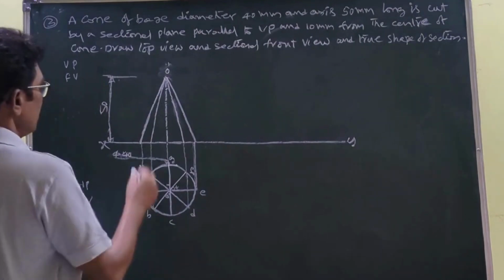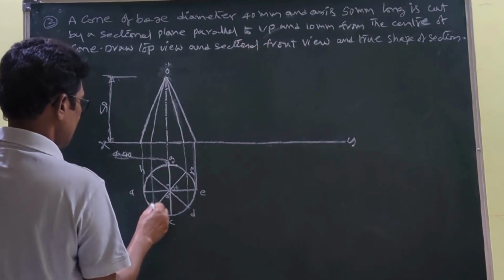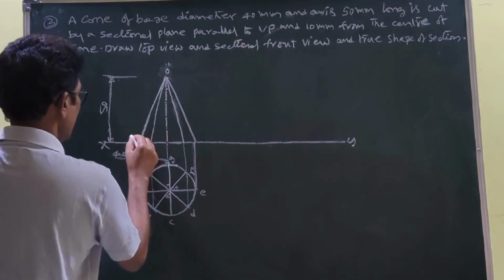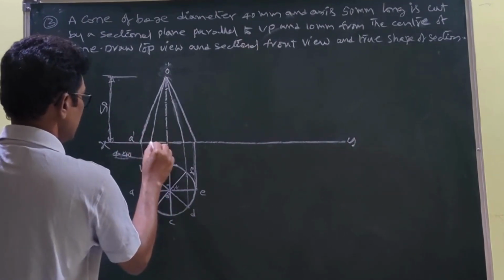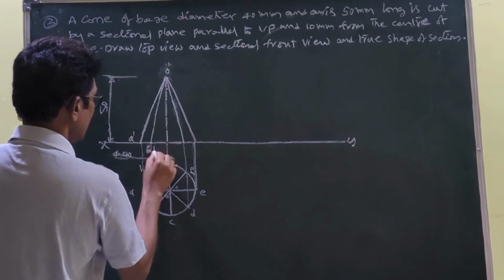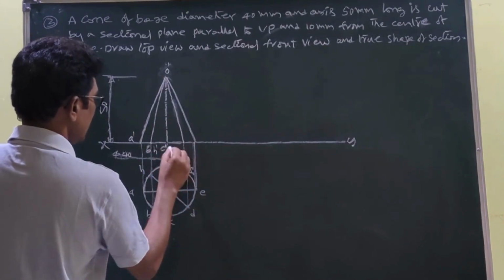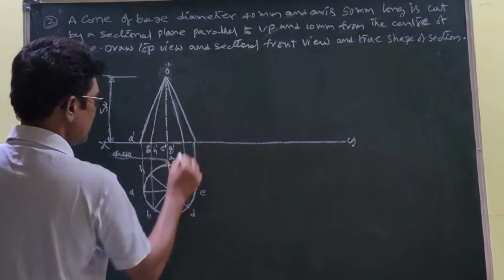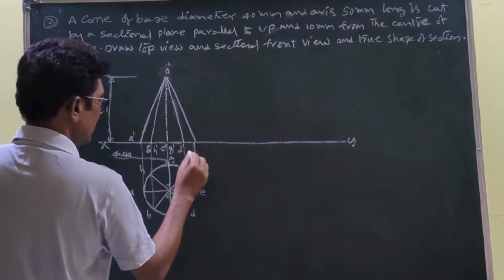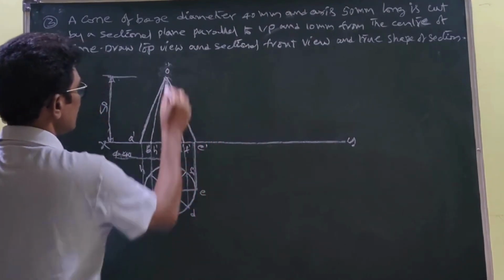Then you can name it: this is A dash, this is B dash, H dash, this is C dash, G dash, this is D dash, F dash, this is E dash, and this is O dash.